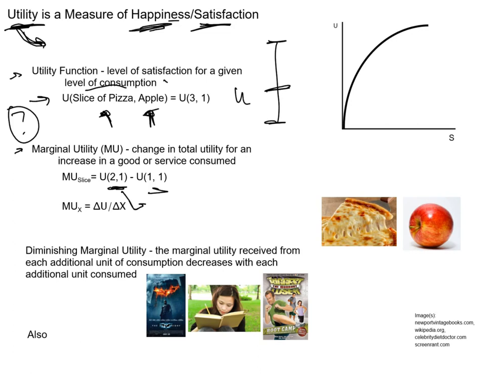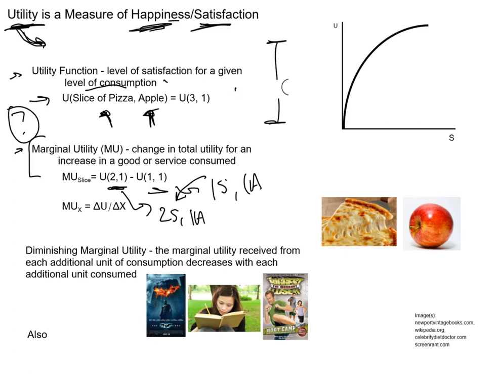This first term is the utility from having 2 slices of pizza and 1 apple. We're subtracting from that the utility from having 1 slice of pizza and 1 apple. What we're saying is, we've got the same amount of apples, but now what is the difference in our happiness going from 1 to 2 slices of pizza? Marginal utility simply tells us the additional utility or the additional happiness. And specifically, this is how much happier a second piece of pizza would make us.